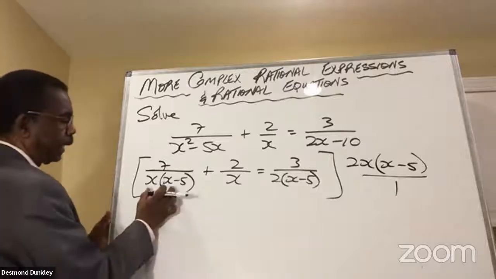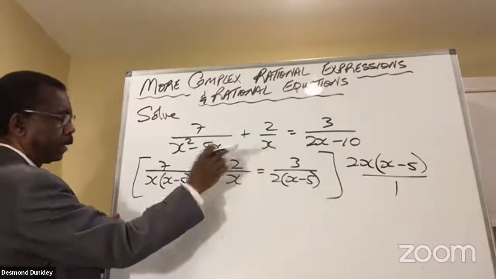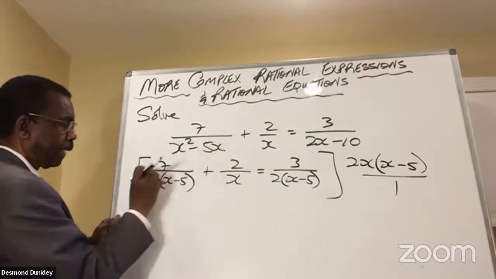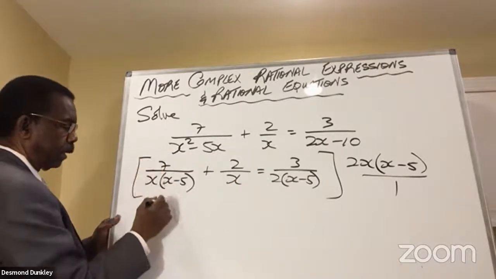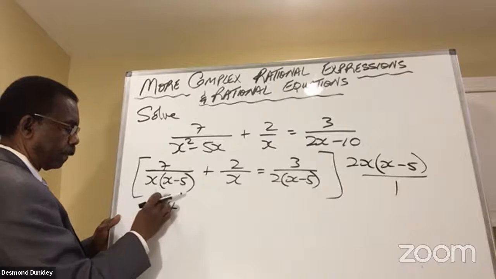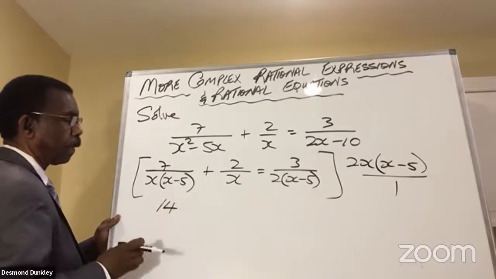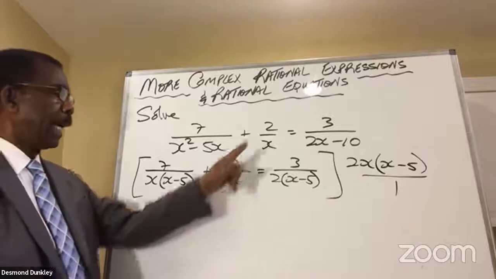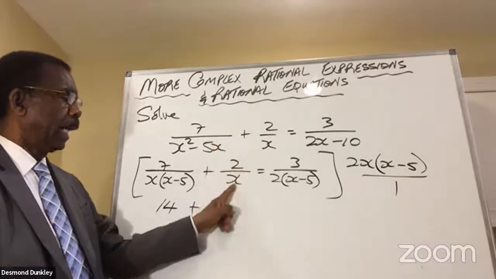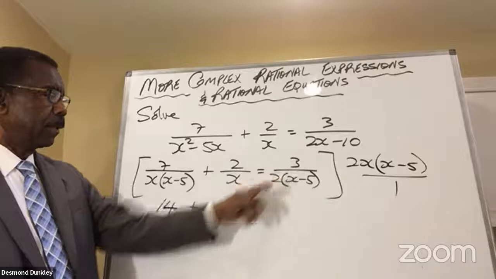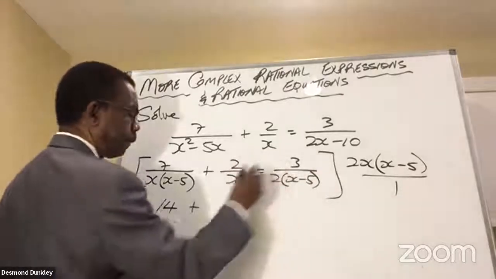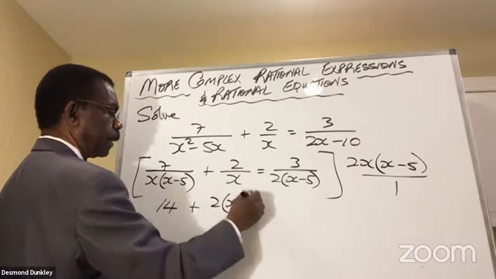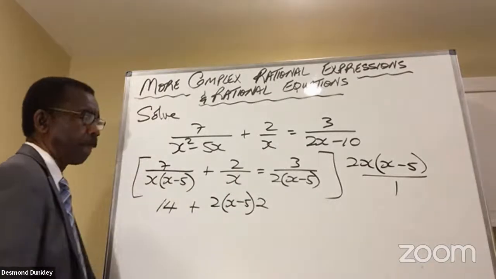When I multiply this one by that, the x cancels the x, the x minus 5 cancels the x minus 5, and I'm left with 2 times 7, which gives me 14. Plus, when I multiply that times this, the x cancels the x, so now I'm left with 2 times x minus 5 times 2.